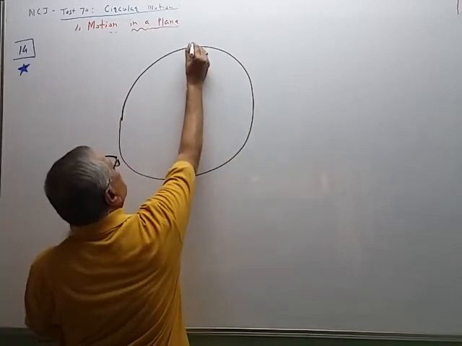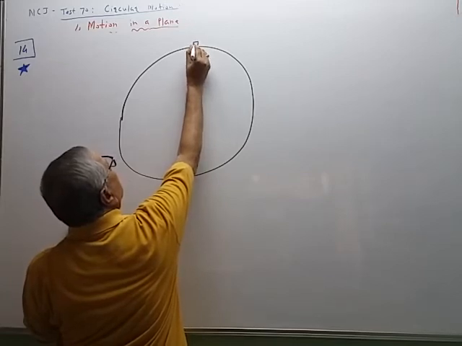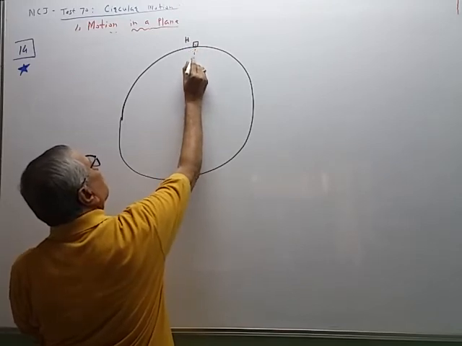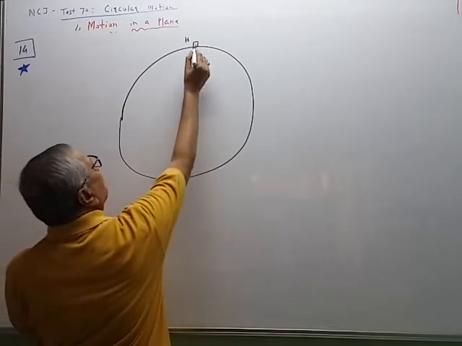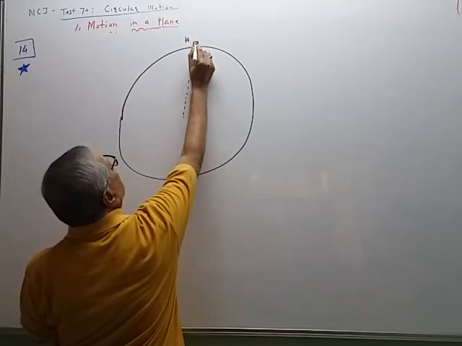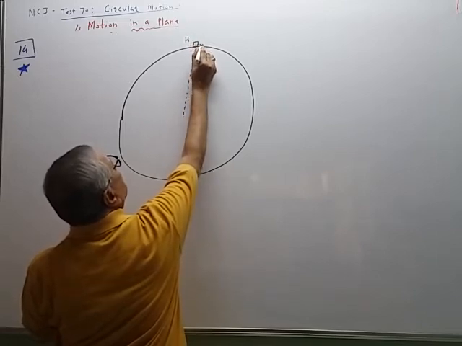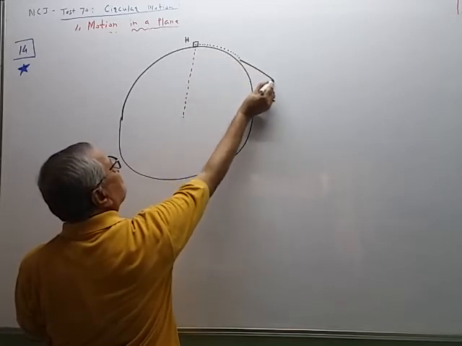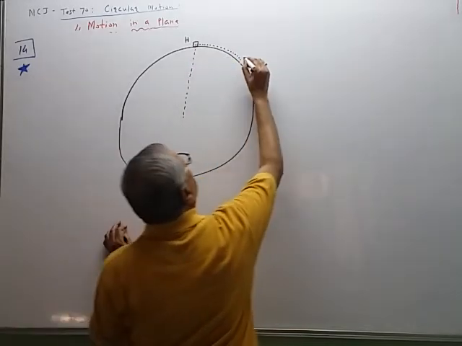This is the highest position, H. This is the vertical diameter. A velocity is given here, V, and therefore it moves in this direction, and at this point it goes along the tangential direction.